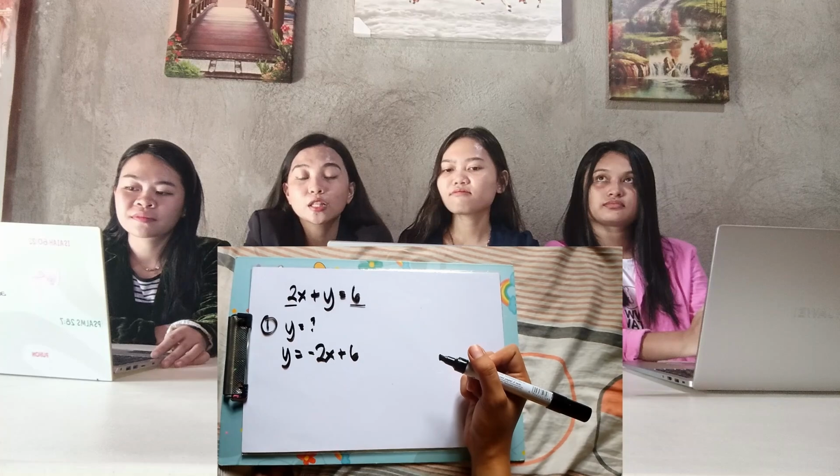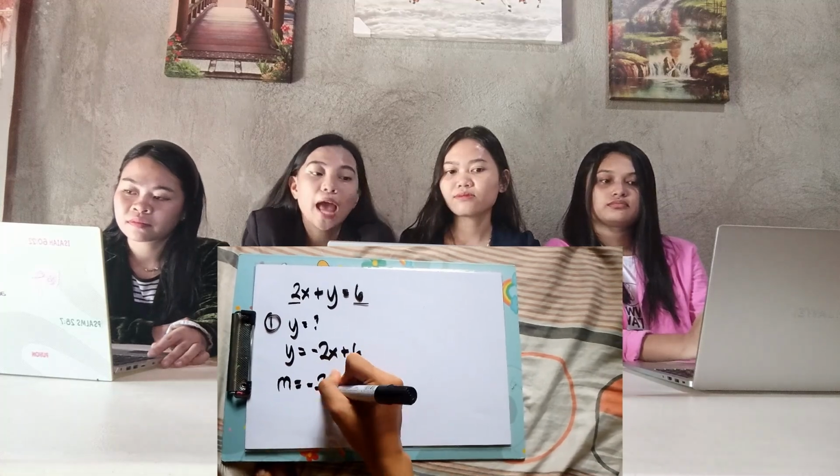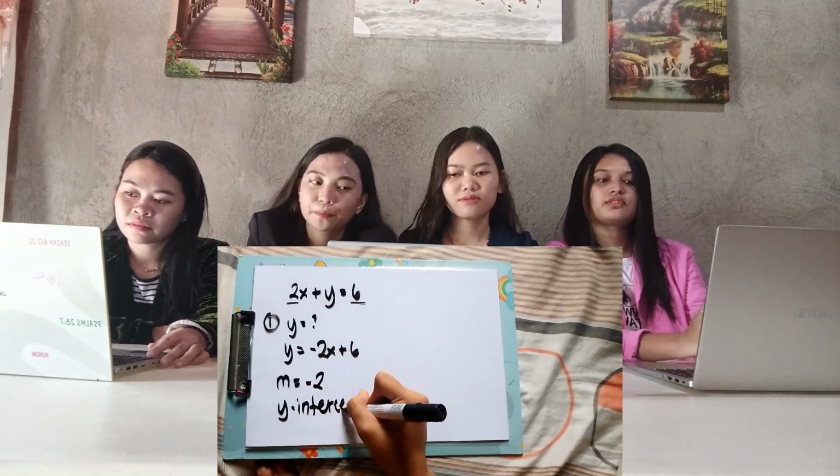Now this is in the slope-intercept form y equals mx plus b, where m is the slope and b is the y-intercept. So that means the slope, or how steep the line is, is negative 2, and the y-intercept, which is where the line crosses the y-axis, is 6.